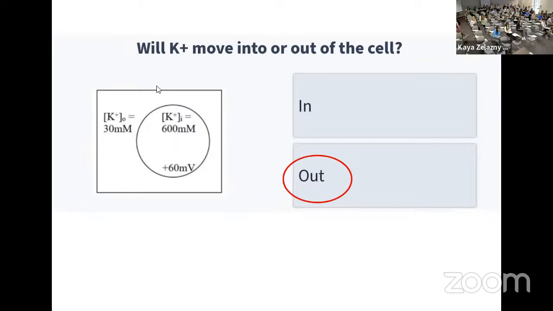We saw that we have a concentration gradient now, but our CDF is pointing out. We have the same situation with EDF as we did previously. We still have positive polarity here. We have a positive charge on our membrane potential. Potassium is also a cation, a positively charged ion. So our EDF also points out. Okay. So our total, our ECDF, is going to be out.